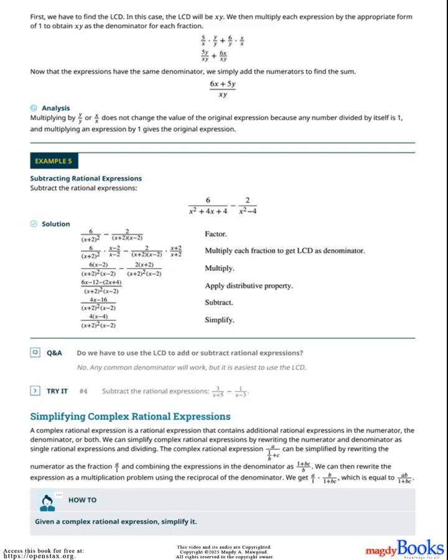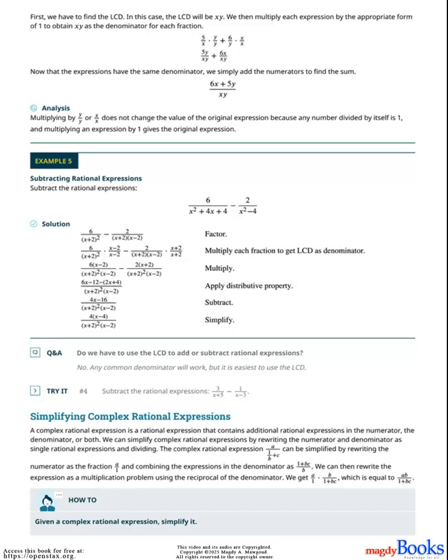Apply distributive property. 4x minus 16 over (x + 2) squared times (x - 2). Subtract. 4 times (x - 4) over (x + 2) squared times (x - 2).